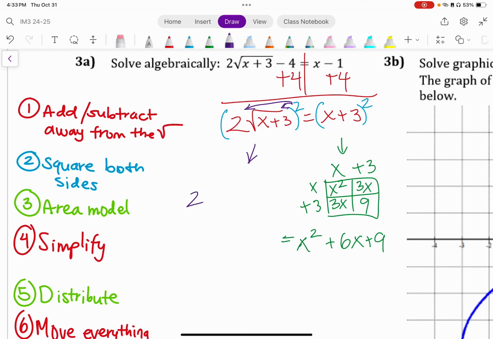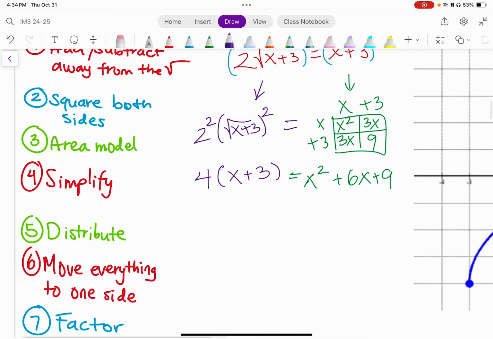So you're going to get something that looks like this: 2 squared, and radical x plus 3, also squared. Now 2 squared is 4, and whenever you square a radical, or in this case a square root, it's going to cancel out and you'll be left with whatever is on the inside, ultimately giving you 4 times x plus 3 equals x squared plus 6x plus 9.